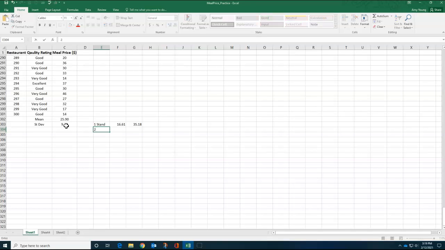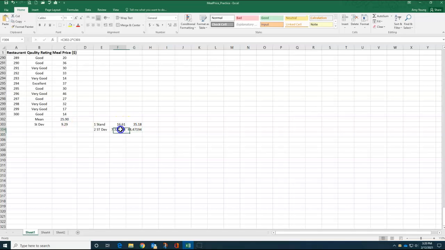We can do the same thing for 2 standard deviations, except this time we're going to multiply our standard deviation by 2. So we'll do our mean minus 2 times our standard deviation. Okay, and then we'll do the same thing here, and we'll do our mean plus 2 times our standard deviation.